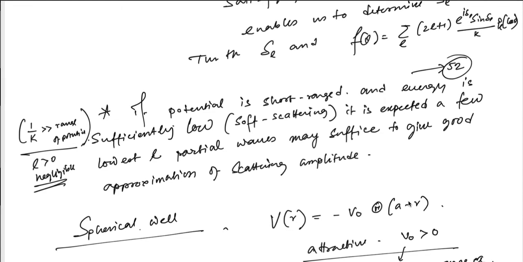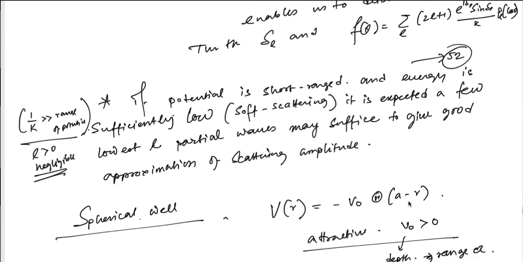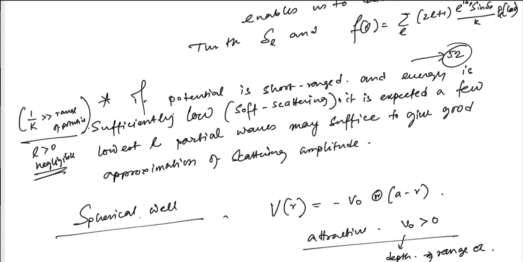That is the main question you want to ask for a particular scattering problem. And as we argued by the physical picture and semi-classical picture, if the potential is short range and the energy is sufficiently low, which is a soft scattering, only the few lowest l will be sufficient to calculate the full picture. Of course, to be very accurate you should take all the l's, but most of the time l equal to 0 and maximum l equal to 1 is what you need.